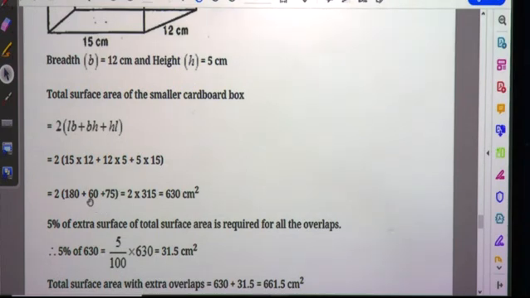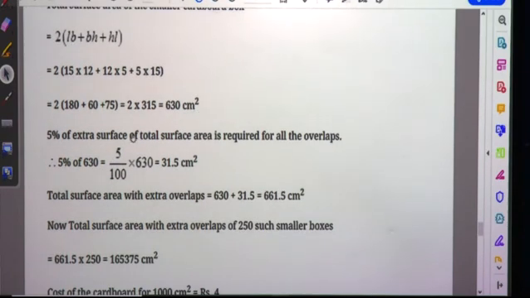After adding, it becomes 315. 2 into 315 is 630 centimeter square. This is the total surface area of the smaller cardboard box, means of smaller dimension.